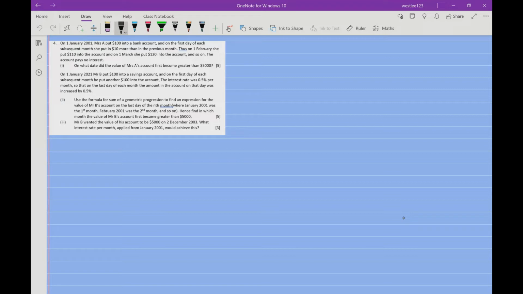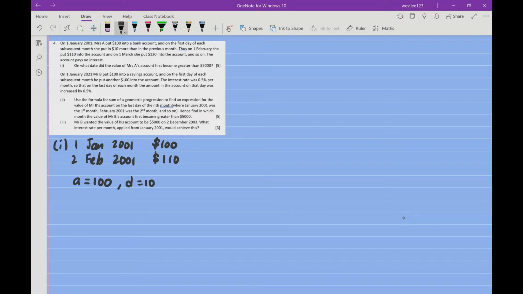So part 1, on 1st of January 2001 is $100, and in each subsequent month, this amount increases by $10. Okay, so we know this is an AP and a is 100. The common difference between terms is 10 because it increases by 10 every month.